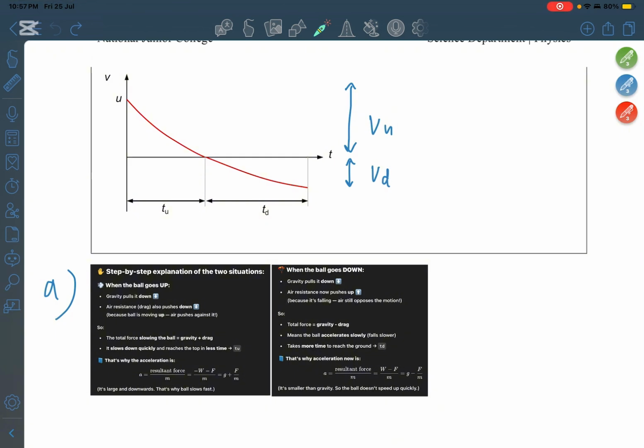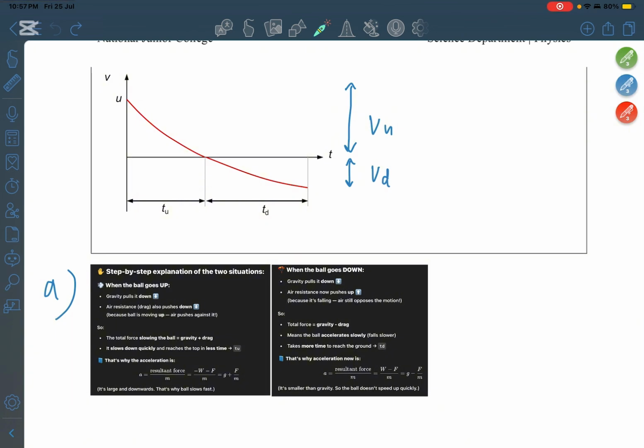It's going to be both gravity, with its own weight, and the drag. And so it's going to slow down quickly and reach the top in less time. And then it has the max, and it reaches the highest point. That's the entirety of the ball going up scenario.